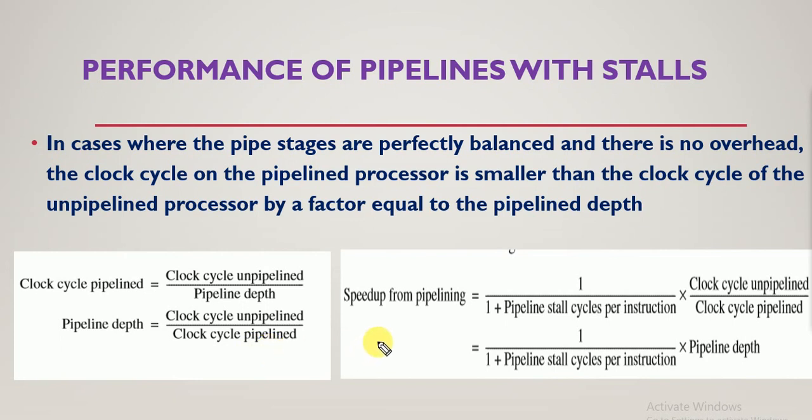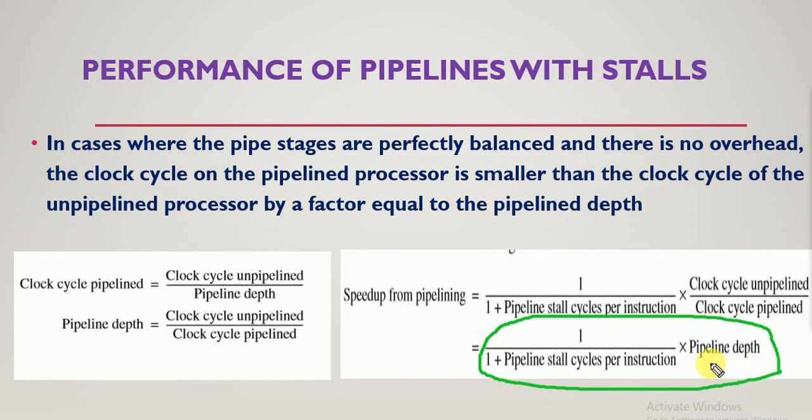Now for the speed up from pipelining, as per the previous formula, the ratio of clock cycle unpipelined to clock cycle pipelined will be replaced with the pipeline depth. So the overall speed up from pipelining can be evaluated using the formula 1 divided by 1 plus pipeline stall cycles per instruction, into pipeline depth.